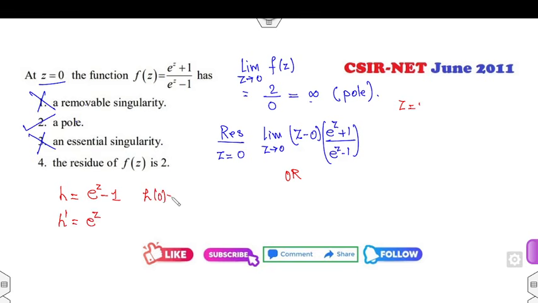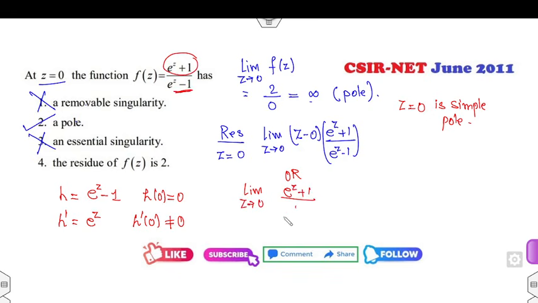Clearly h of 0 is 0, h dash of 0 is non-zero. That means z equal to 0 is a simple pole. Once it's a simple pole, you can write the numerator divided by the derivative of the denominator. Now at z equal to 0, 1 plus 1 over 1, that is 2, is the right answer of this problem. B and D are the right answers.